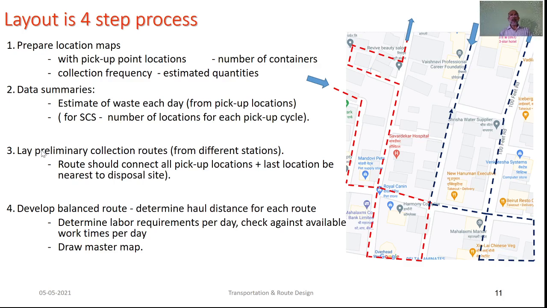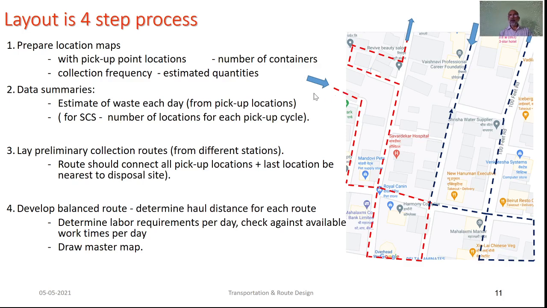We can have some trial and errors in order to lay down the preliminary collection routes from different stations. The way you see here, one could have started from any of these particular stations in order to initiate the process.